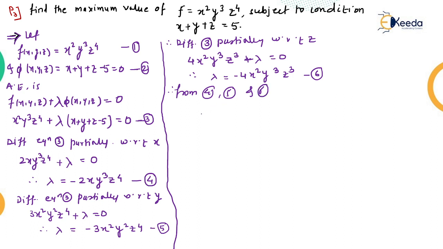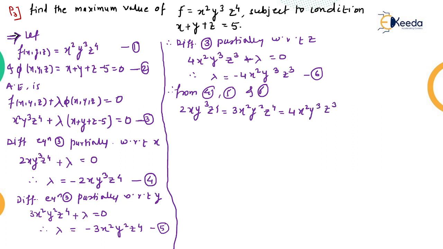Therefore, equating these values, we get, with the minus becoming a plus sign, 2xy cube z power 4 is equal to 3x square y square z power 4, and that is equal to 4x square y cube z cube.